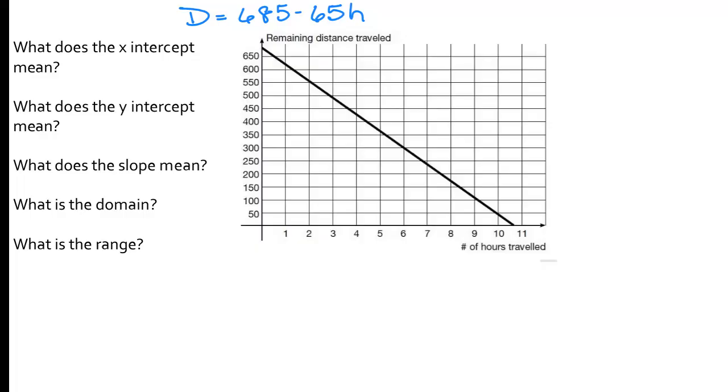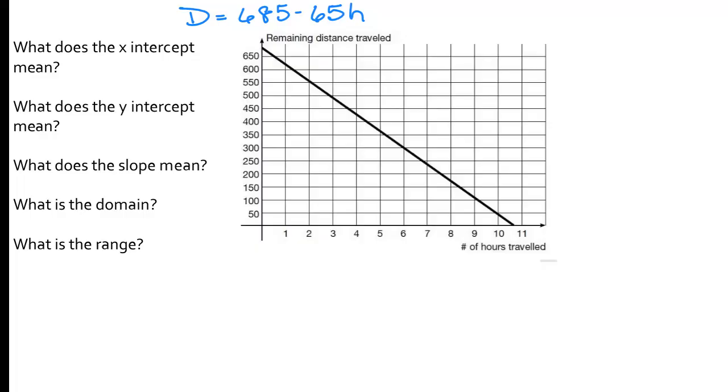Say more about that. It's like the hours she traveled, distance, the longer the hour, the more distance. I will agree with you, but I don't know that that is what the x-intercept means.